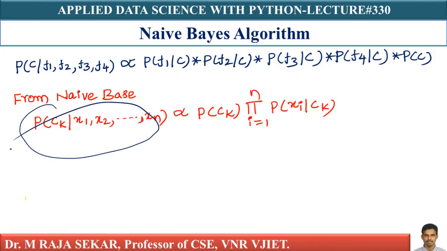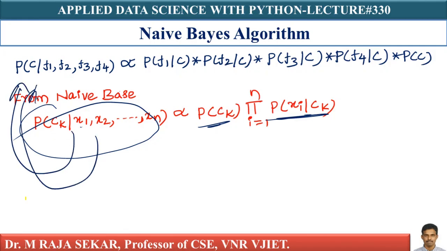This is my final probability. My final probability is proportional to the probability of my class label multiplied by the probability of each of the features, where x1, x2, x3, so on xn are features, given my class label Ck. I just copied the same formula here without making much fuss about it.